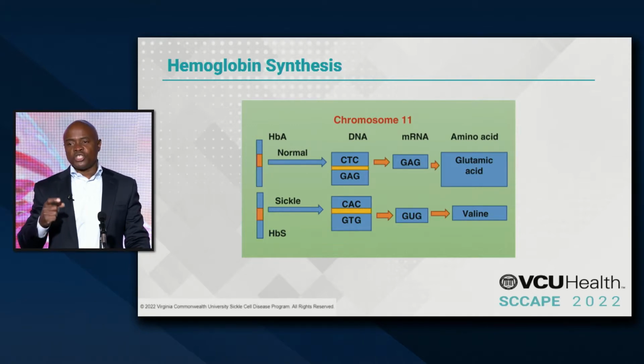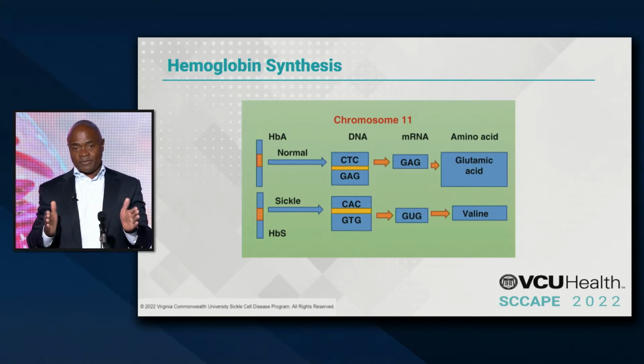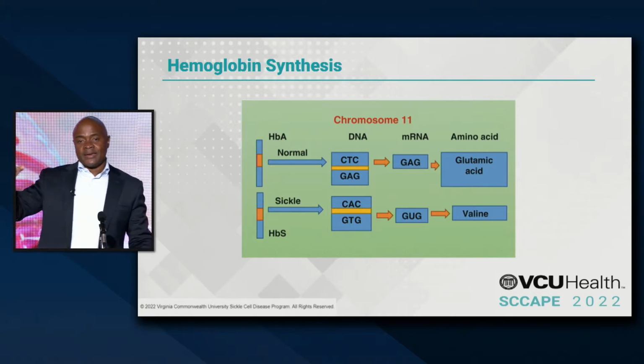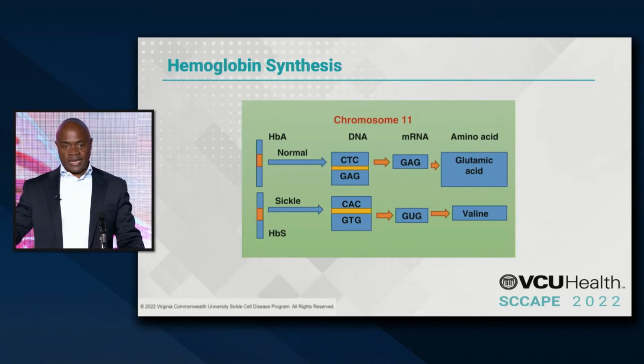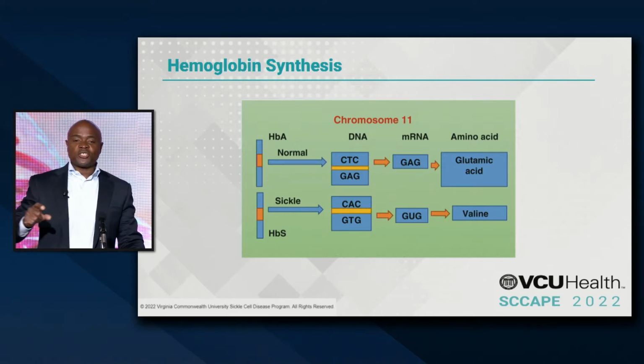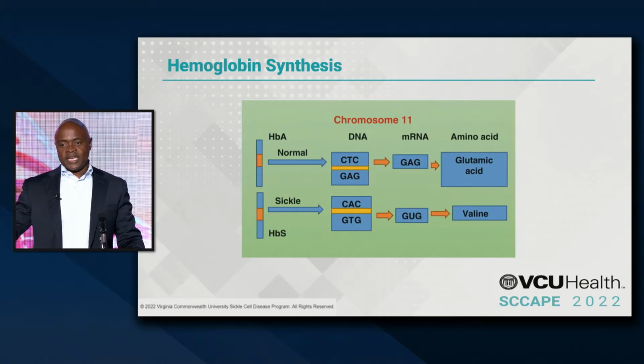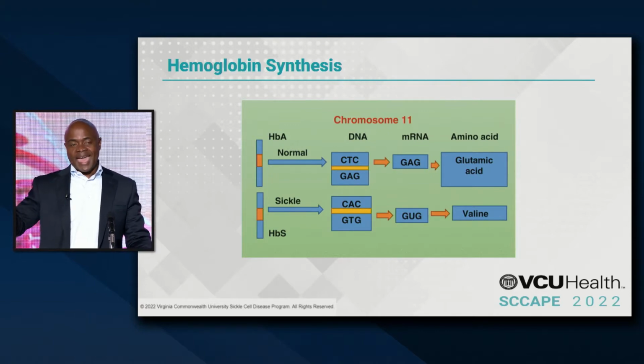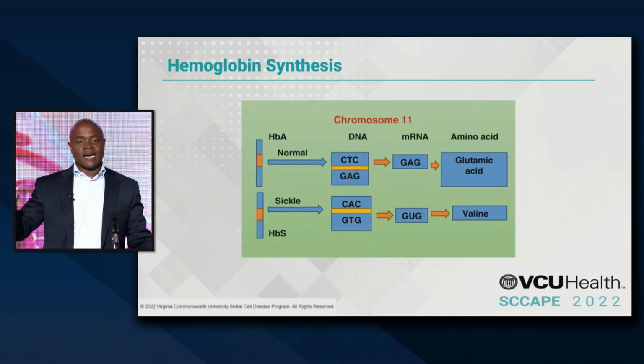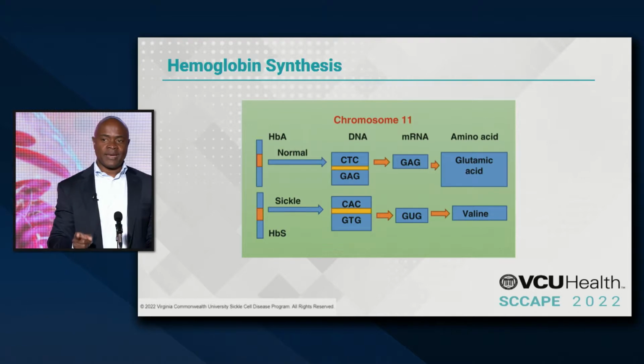And that one change of that nucleotide within the DNA then gets read by the messenger RNA in a different way, and then it gets translated into a different protein because now it recruits a different kind of amino acid because of that one genetic abnormality.